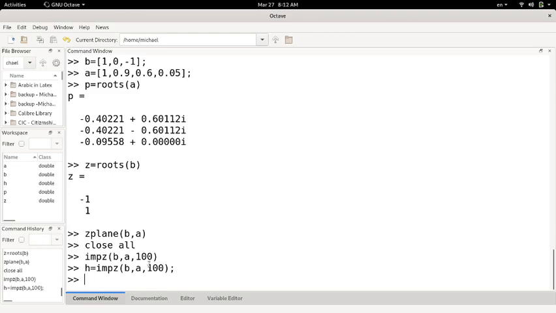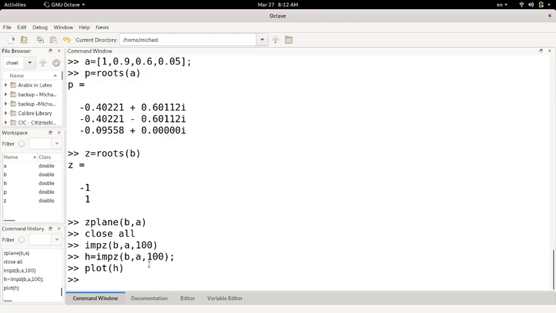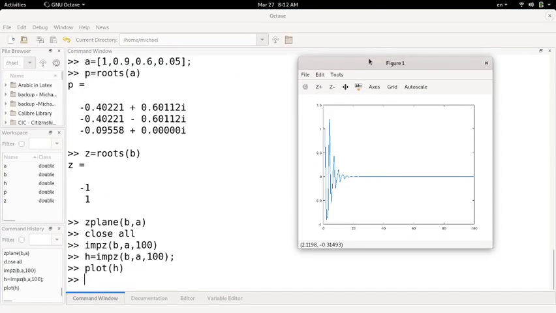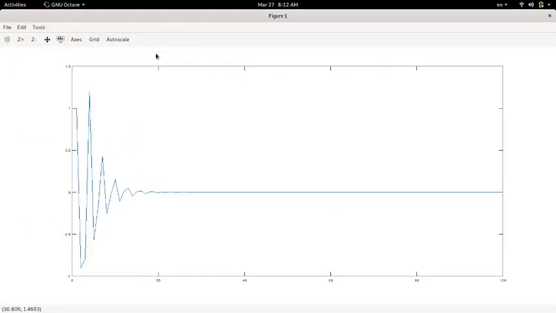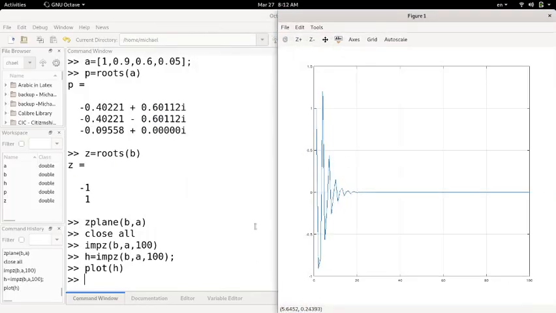Now we can plot h and let's take a look. Now this is the impulse response we have over here. So again, MATLAB is a very useful tool in this case to get the impulse response and see how it looks.